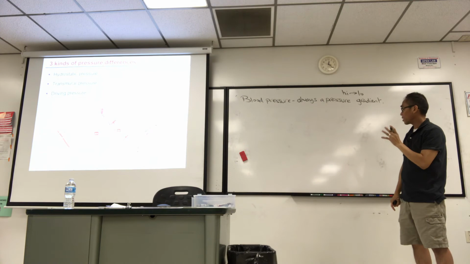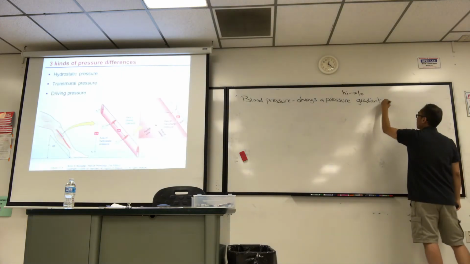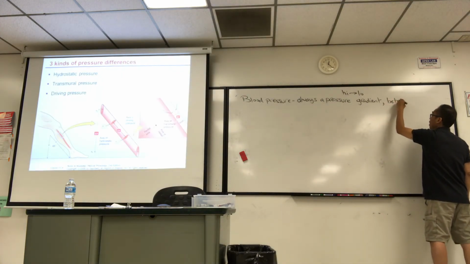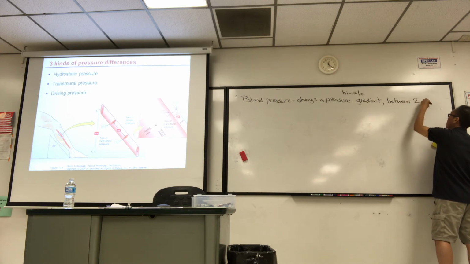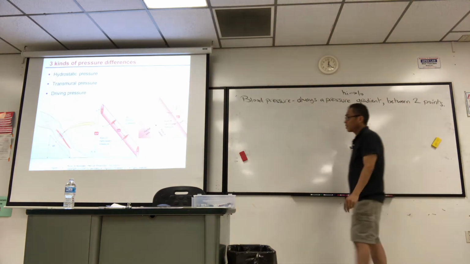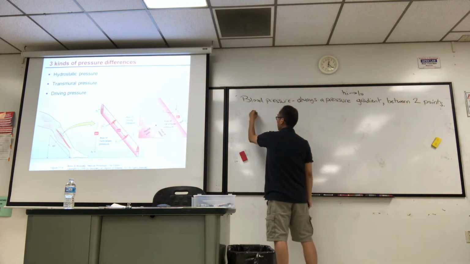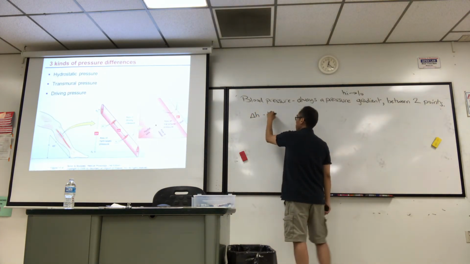Blood pressure is always a pressure gradient, I should add, between 2 points. So the delta H is supposed to be hydrostatic pressure.